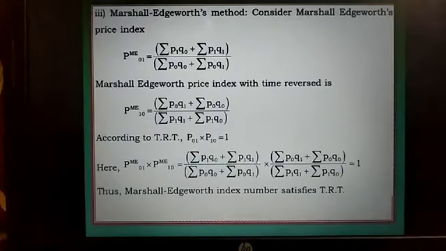What will we get at the end? 1 divided by 1, which again is equal to 1. So this P01 ME multiplied by P10 ME results in 1.